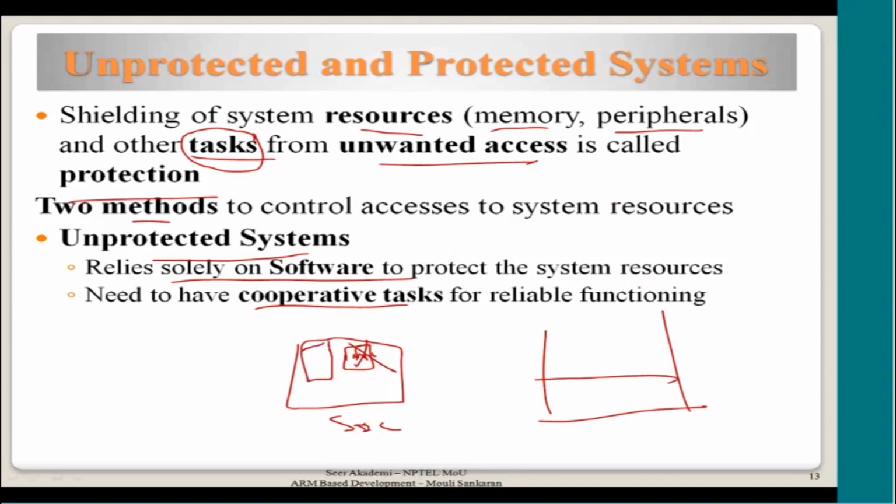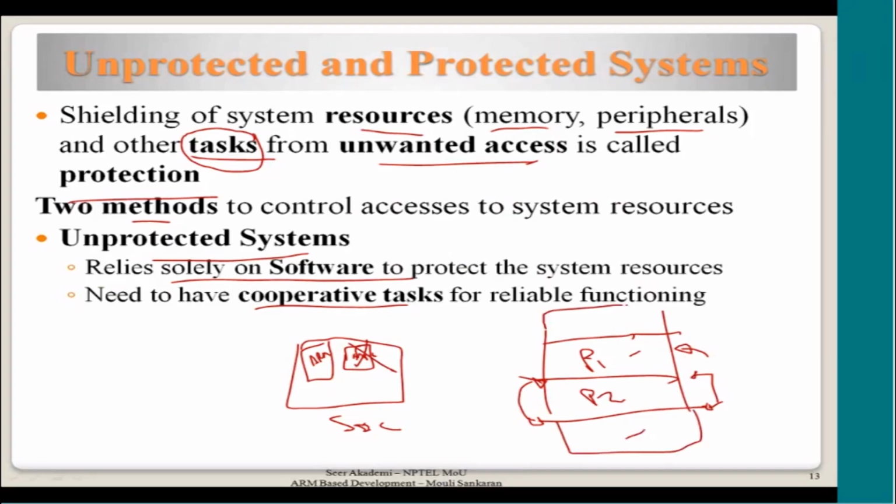Then it is possible that there are systems without an MPU, but still I can support multiple processes in it, provided they are all cooperative. What I mean by that is, they know what their limitations are, what their address limits are, and they are all well written and well tested, so that they don't inadvertently access other areas of the memory.